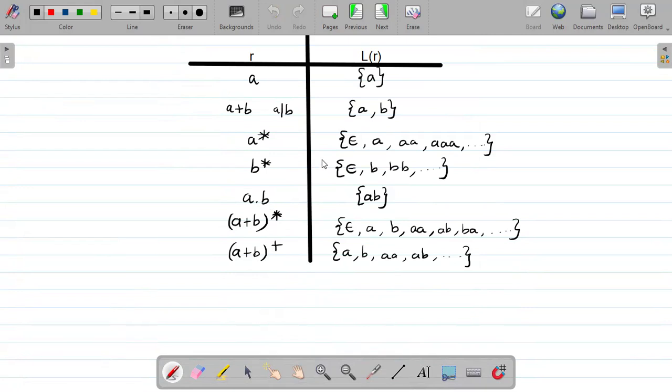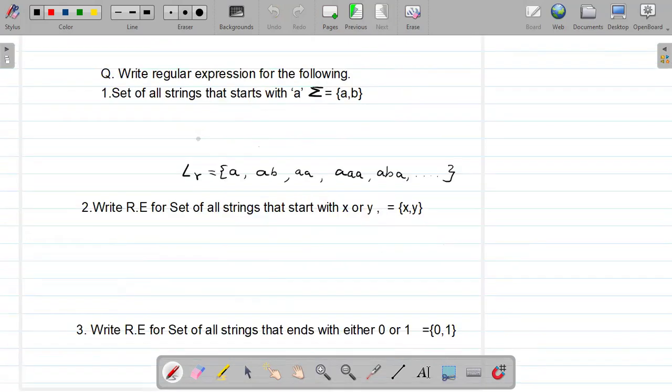In this case, we will require concatenation. So it is starting with A. So A is compulsory, followed by concatenation, and then we will have any combination of A's and B's. So our answer would be R is equal to A dot A plus B the whole star.